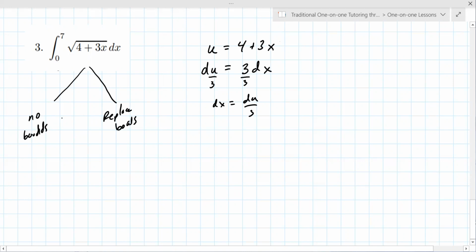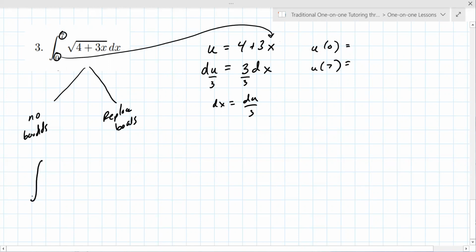Do you remember? I don't remember what those mean. Okay, so you can take this 0 and plug it in for x here. You can find u of 0, and then you can find u of 7, this top bound. My guess is you haven't done that yet. I don't remember, honestly. Okay, so we're gonna do it with no bounds.